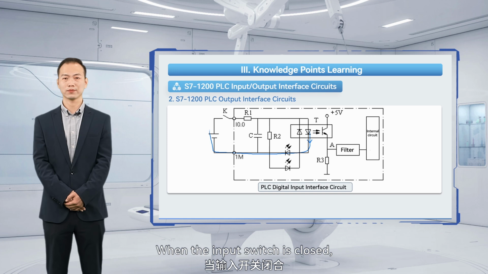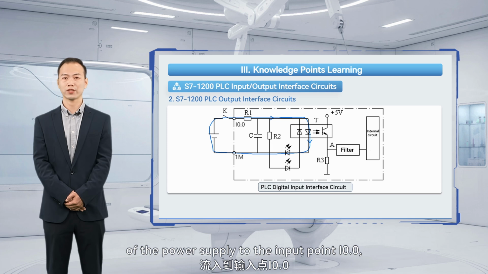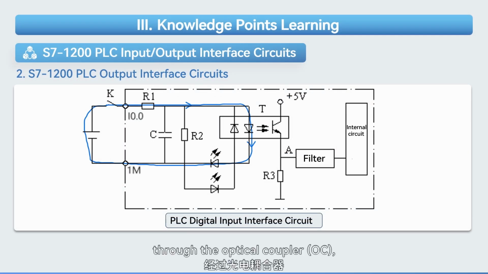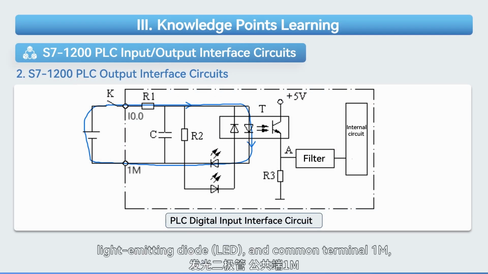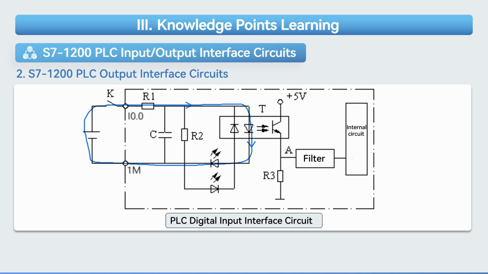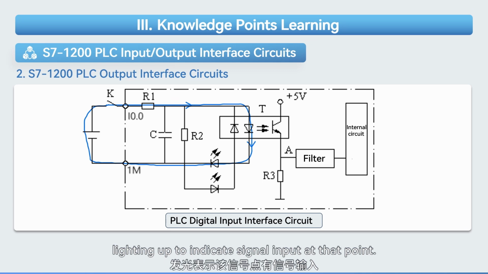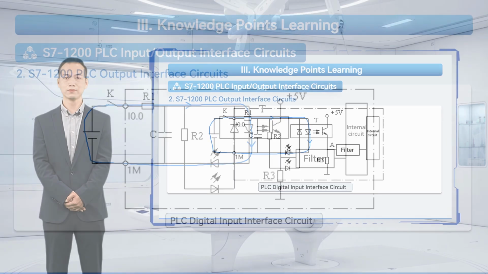When the input switch is closed, current flows from the positive terminal of the power supply to the input point I0.0 through the optical coupler, light-emitting diode, and common terminal 1M, back to the negative terminal of the power supply. The LED is the input status indicator on the PLC panel, lighting up to indicate signal input at that point.